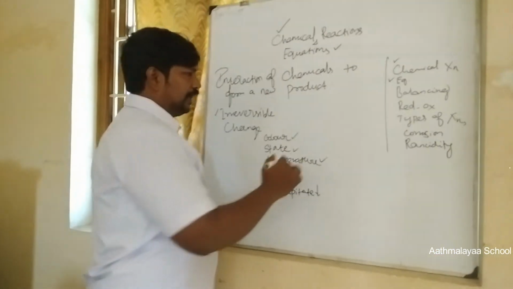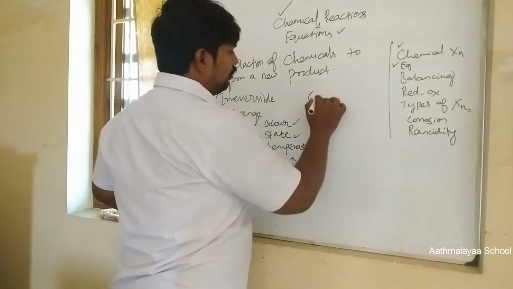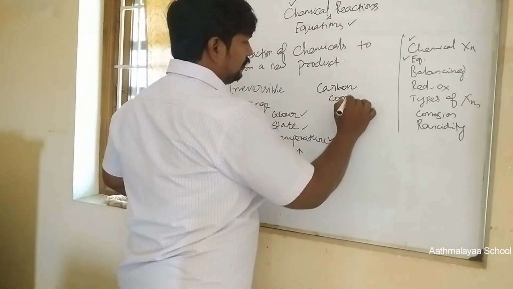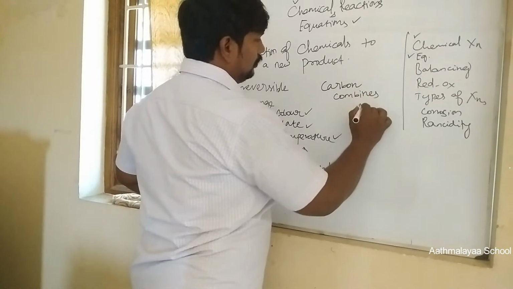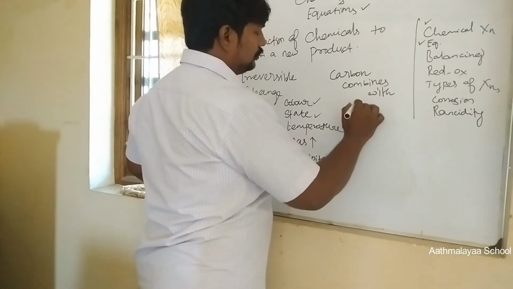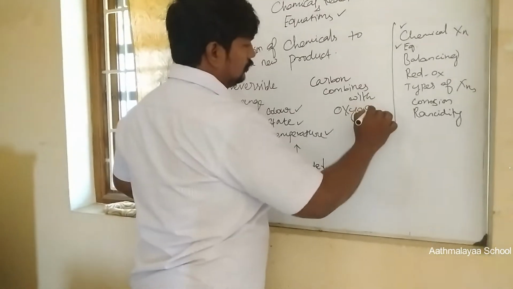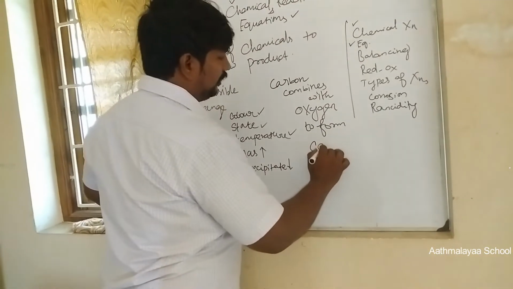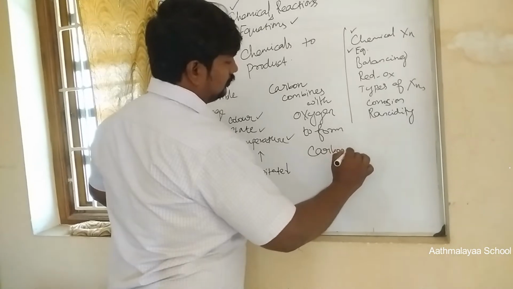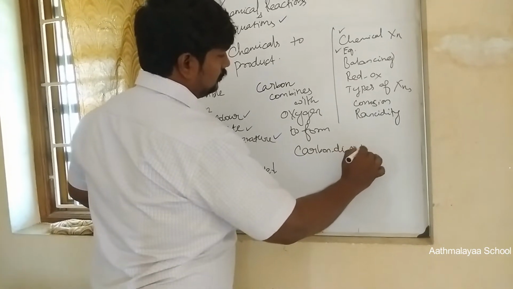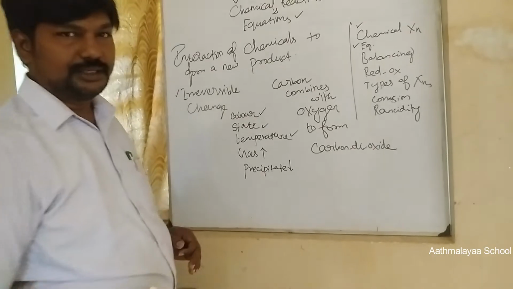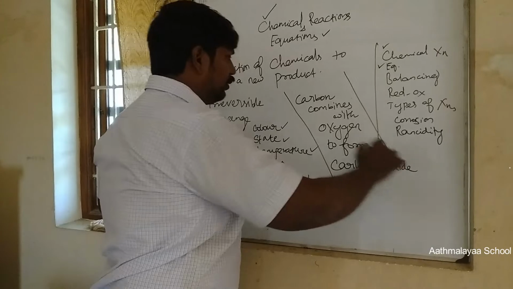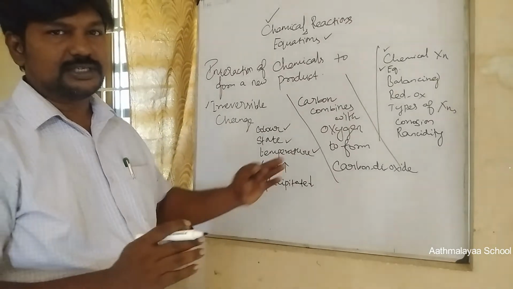A simple chemical reaction: carbon combines with oxygen to form carbon dioxide, right? This is a chemical reaction. This is such a lengthy write-up, but we are giving the entire thing of what is happening inside, right?